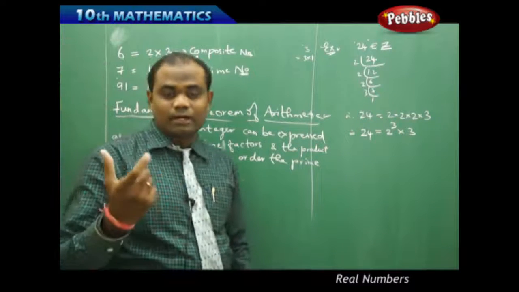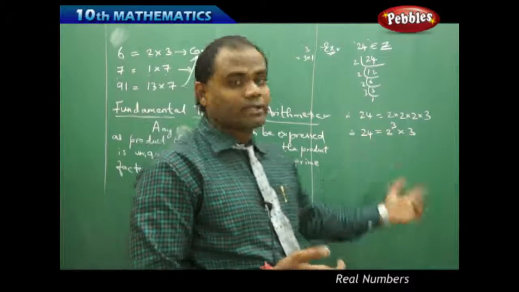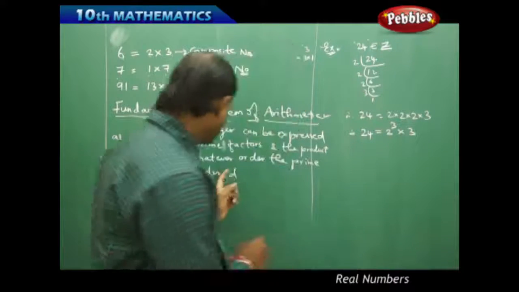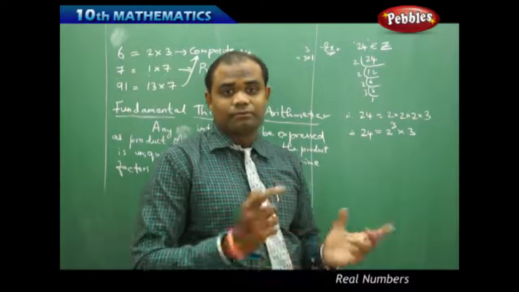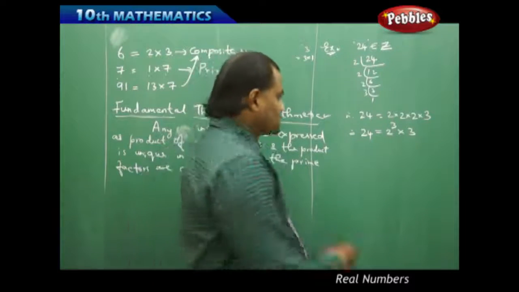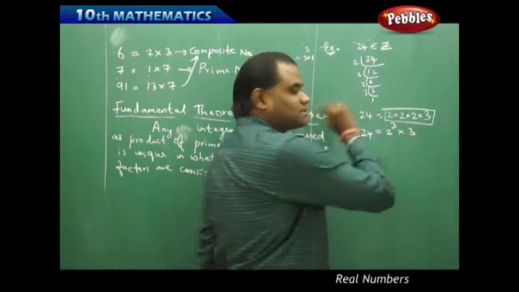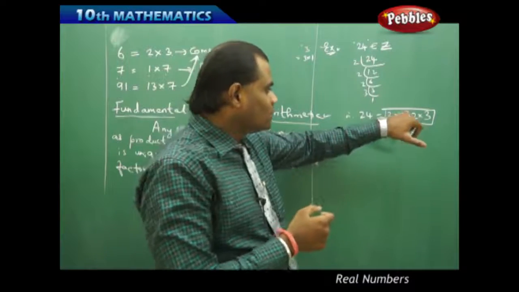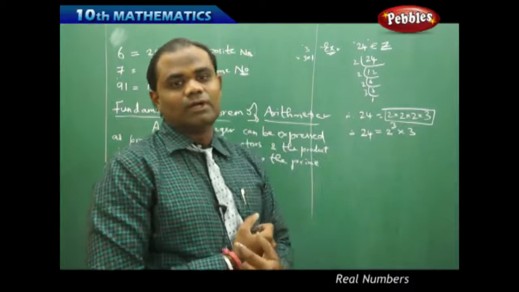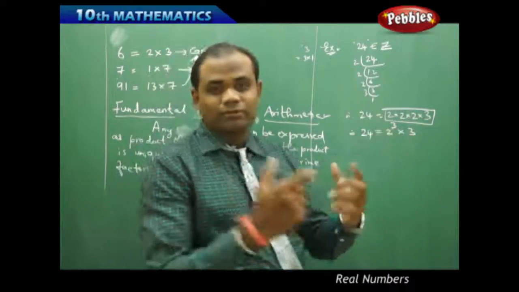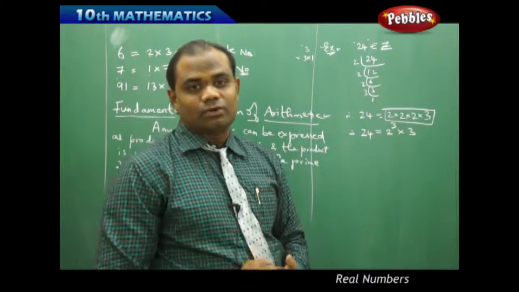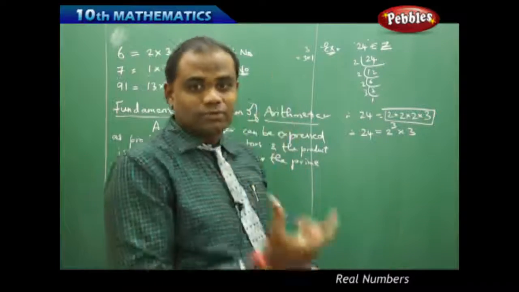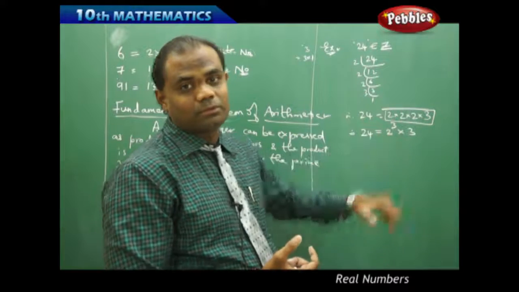Unique means one and only one. So this product cannot be changed. In whatever order the prime factors are considered, this cannot be changed into different forms. Whatever factors I got here must be fixed and unique. This is the only possibility for expressing 24 as a product of prime factors. You cannot get any other form whose product also gives 24. It is not possible.